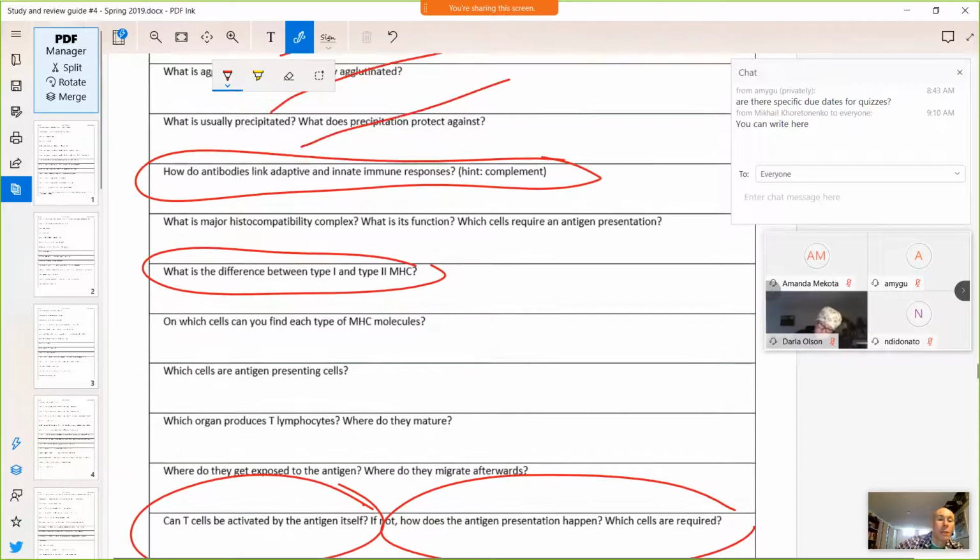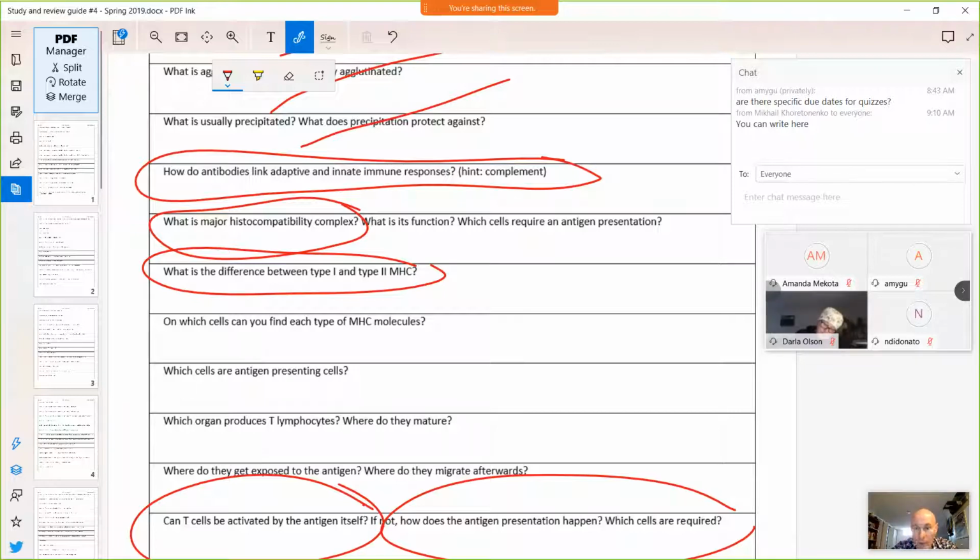So the role of MHC, major histocompatibility complex, is to present antigen. Now, in addition to antigen-presenting cells, you can find type 1 on every other nucleated cell, except for red blood cells, which are not nucleated, or platelets, or sperm cells.